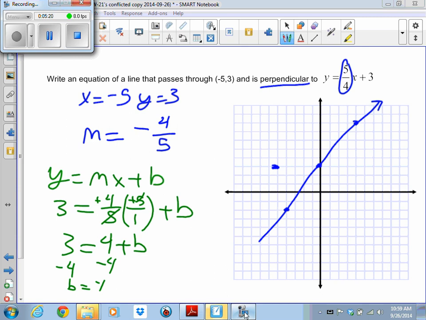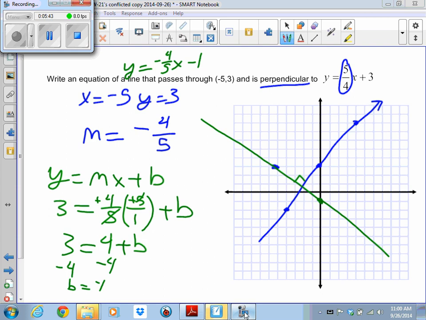So here we have y equals negative 4/5 x minus 1. If we follow our slope here, we go down 4, and over 5. That is my slope there. These are perpendicular, so it's at 90 degrees.